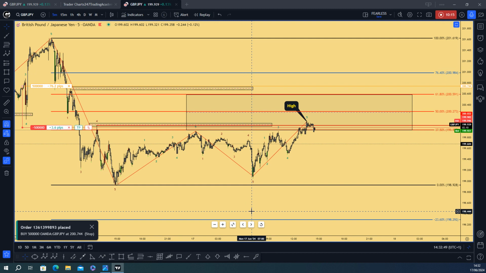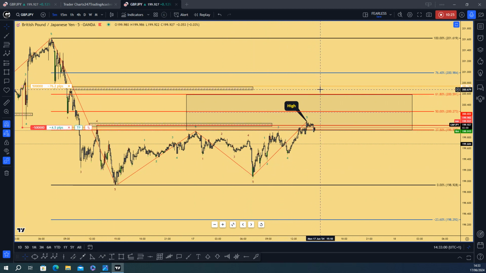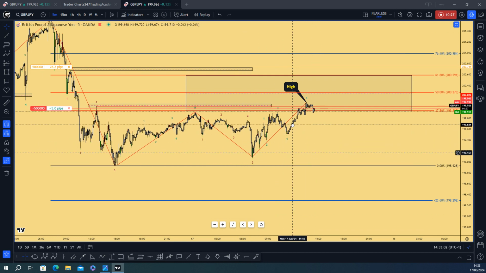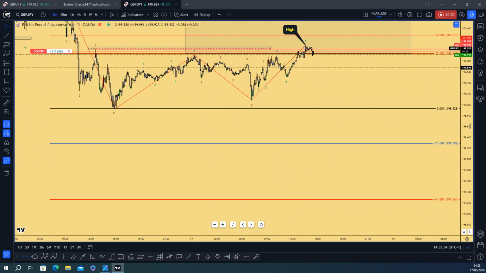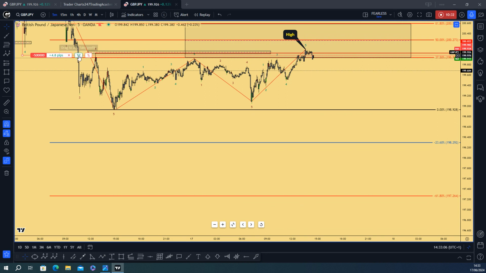That is my risk. I'm happy to take the risk of 76 pips. That's the worst case scenario for me right now. But if I'm going to be successful, I actually have a target of the T2 here.